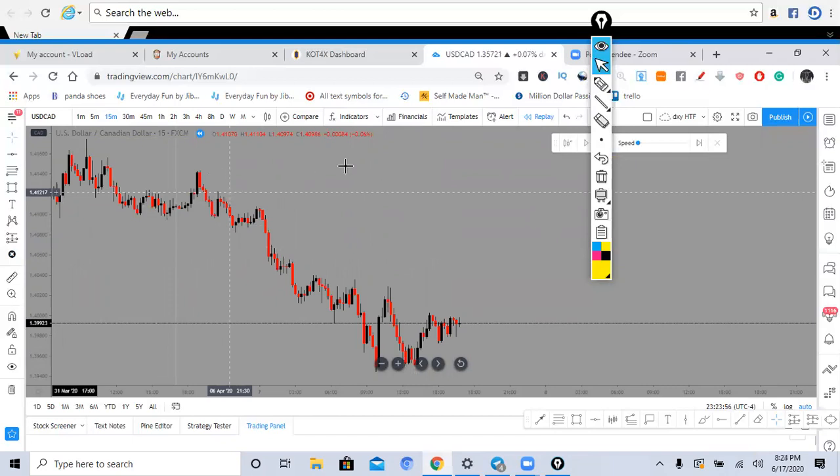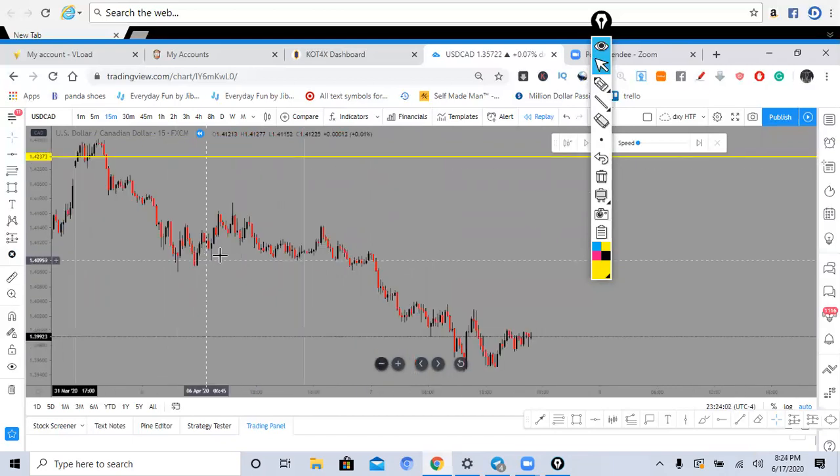I don't know why that's not sliding over. Weird. So yeah, you're going to be waiting to see if elephants are putting their foot in the water, because that's going to give you the displacement that you actually need to get long or short in the market, right?